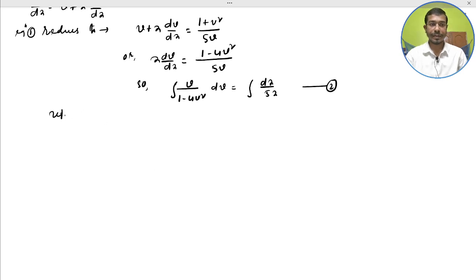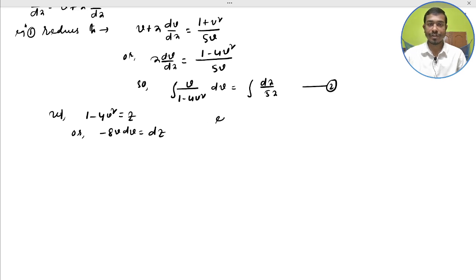Let us now substitute 1 minus 4v square as z, so it becomes minus 8v dv. Differentiate both sides, take the differential, and put it in the equation.